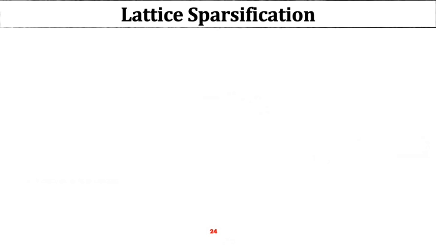First was sampling the lattice vector uniformly by using the SVP. This is also a known technique of lattice sparsification, which is due to Subhash Khot.